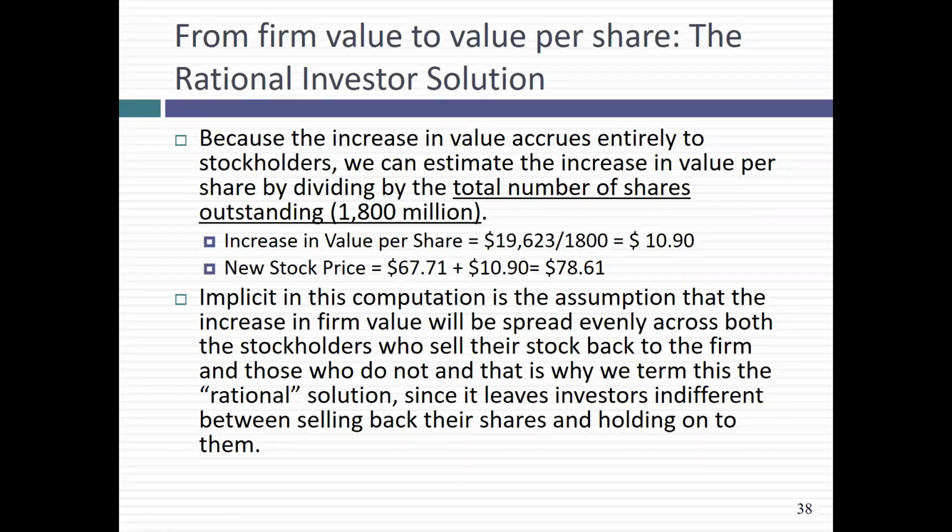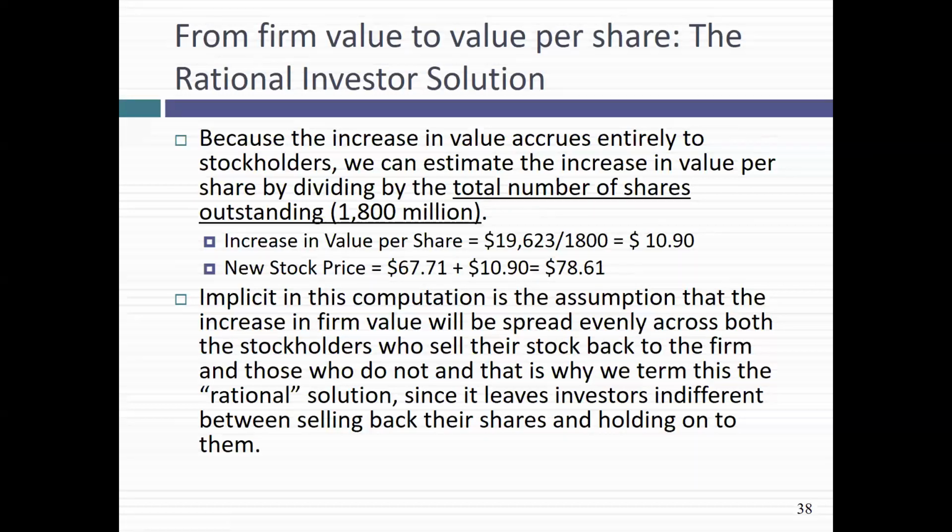We're making a very specific assumption here: that the increase in firm value will be spread evenly across stockholders who sell their stock back to the firm, and those who do not. Remember, when we do this calculation, we're implicitly assuming that we are increasing the amount of debt in Disney. So we're taking out a lot more debt, but now we have that money, and with that money, we're going to buy back stock.